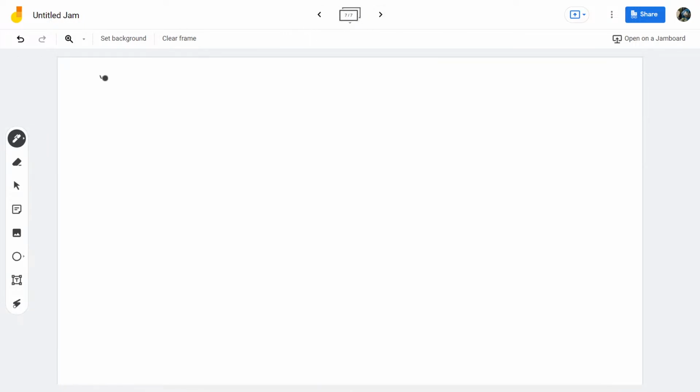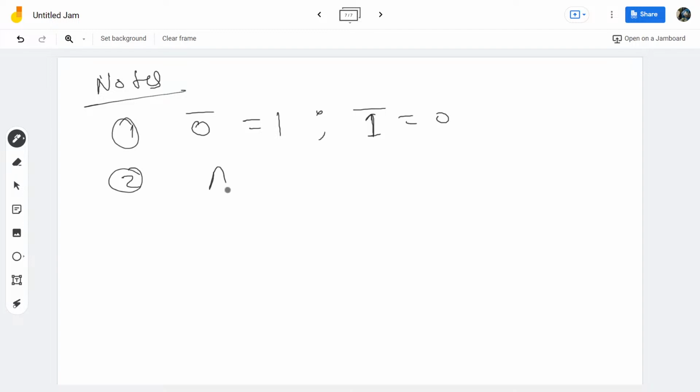Let's see some of the operations. So the first operation is the complement of 0 is 1 and the complement of 1 is 0. Second one, the double complement of A is A, as I said previously.